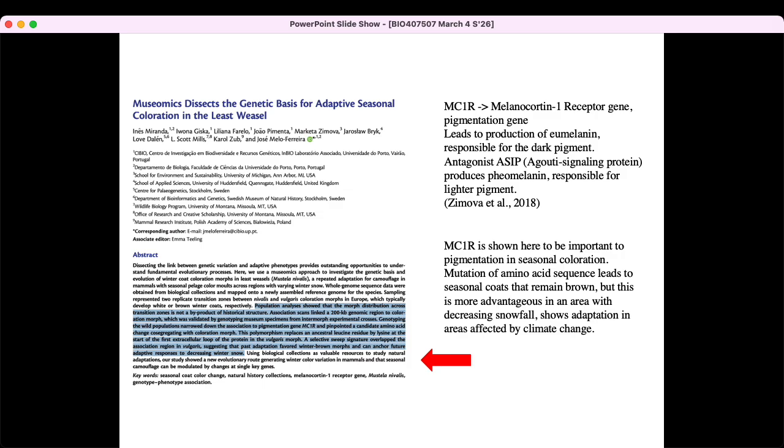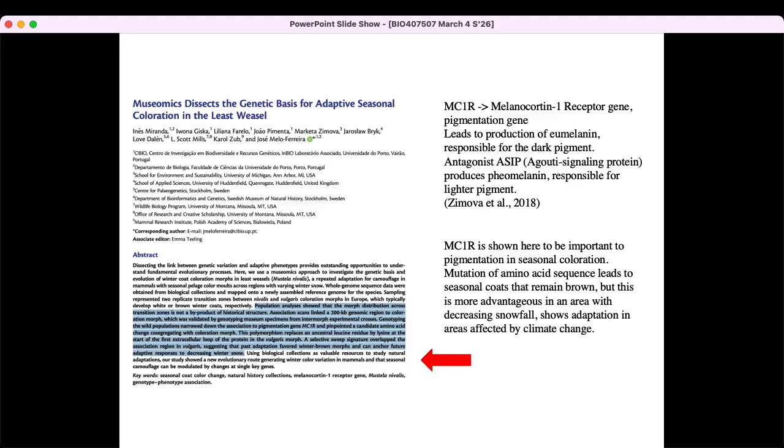In this case, it's really the same weasel species, but in some different regions, and in a region where there was very little snow cover, lots of the weasels had a mutation that caused them to just stay brown year round. So that's a really good, excellent example also, right? Where we see that kind of role in potential evolutionary change.